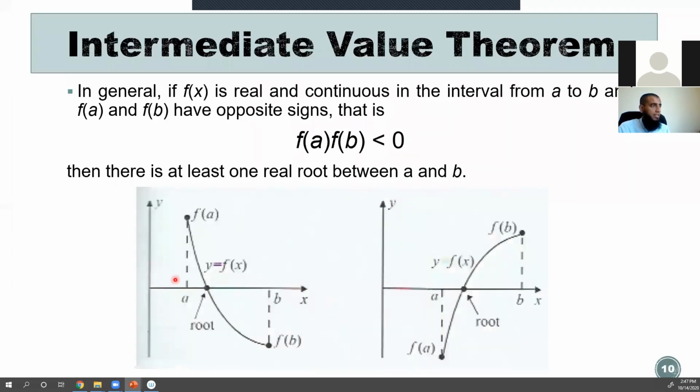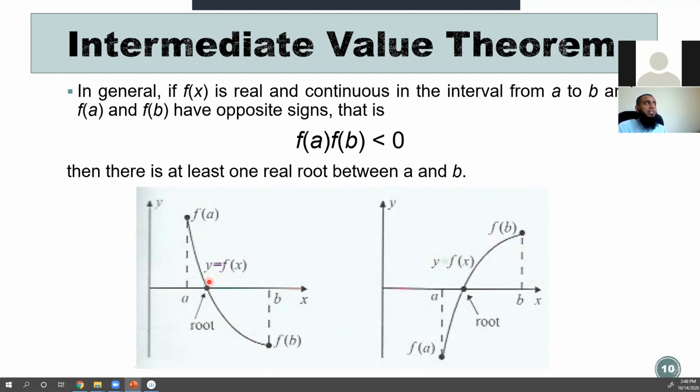For the intermediate value theorem, in general, if f(x) is real and continuous in the interval from A to B, we try to enter the value of x one by one, from A, until we get the value of 0.